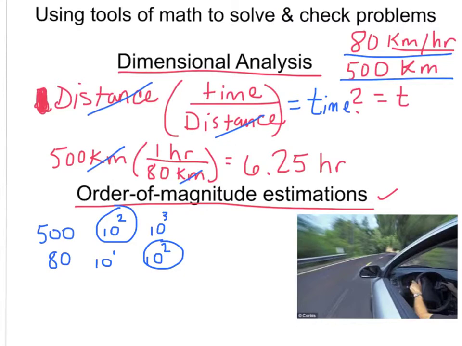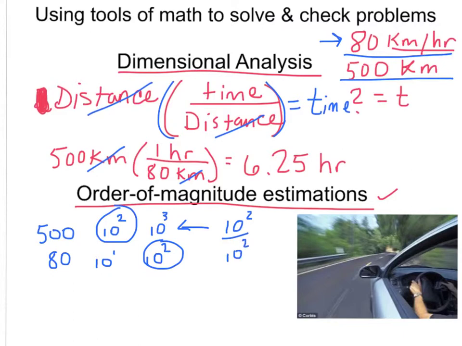Well, when we look at our calculations and we take our distance value, which is the 500, that would be the 10 squared. We are going to multiply that, remember up here, by the time over the distance. That would be the same thing as the inverse of 80. Would be multiplying it by 1 over 80, or simply dividing by 80, which is going to be 10 squared.